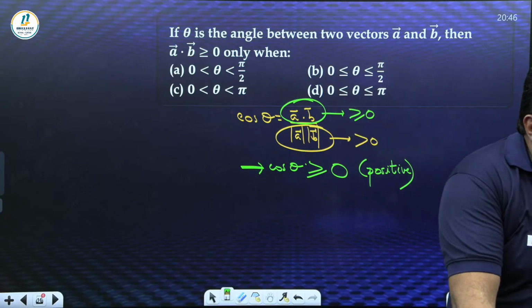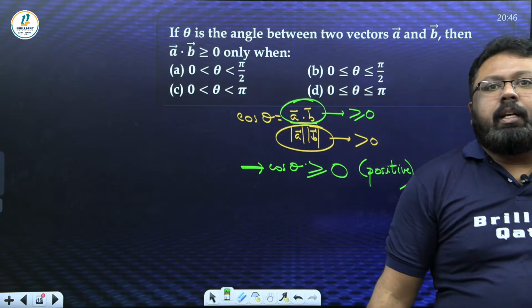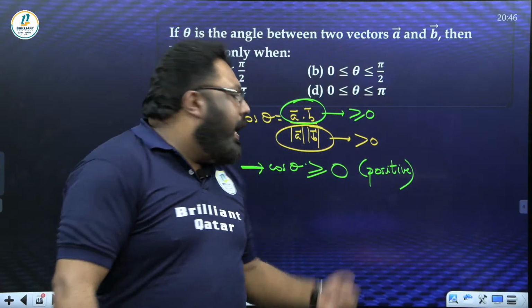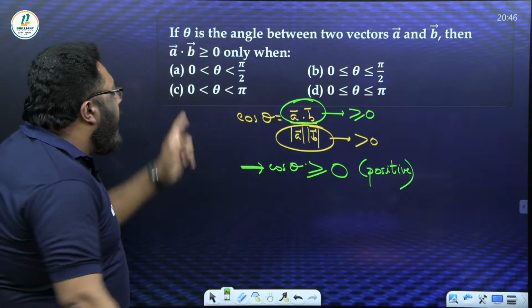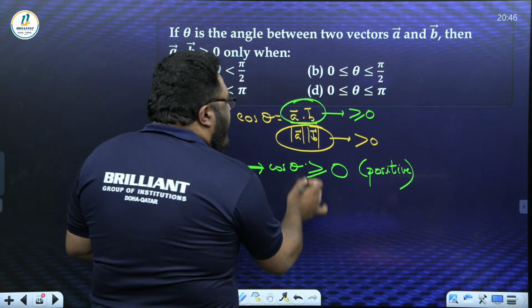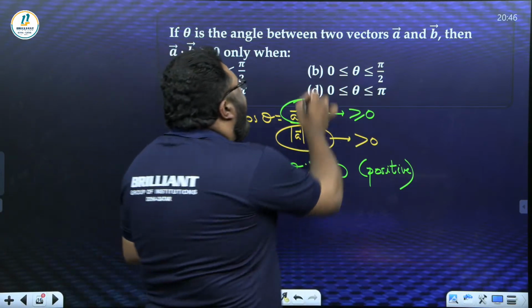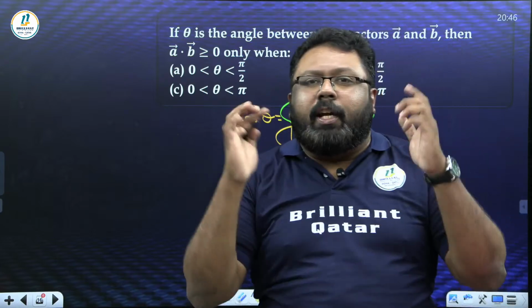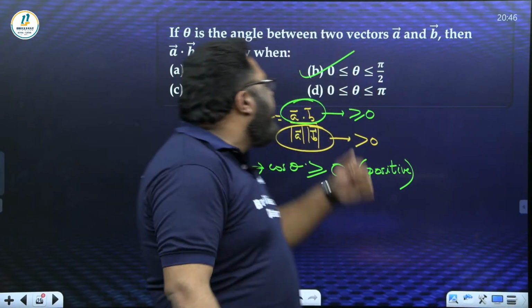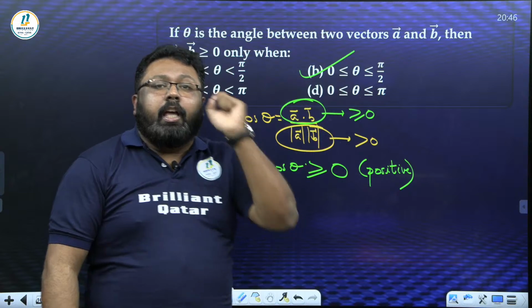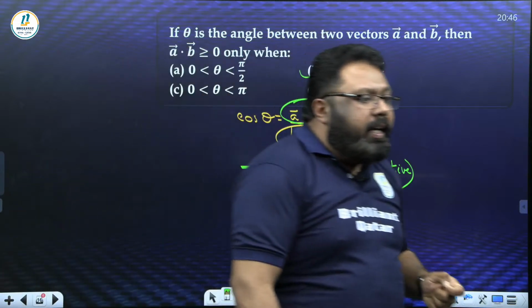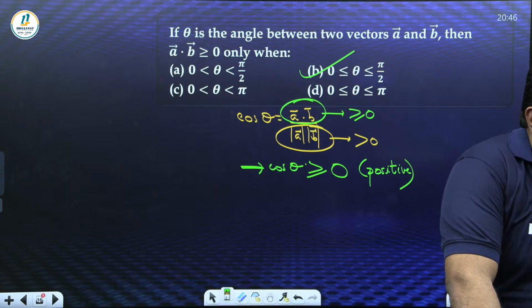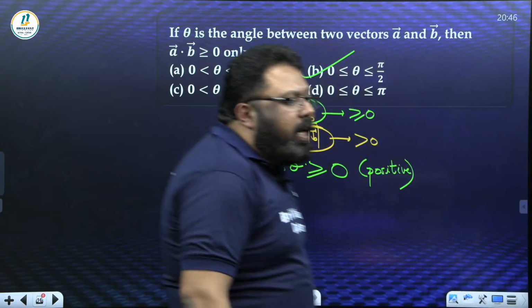We definitely know that cos theta is positive only in the first quadrant, but because it is greater than or equal to 0, pi by 2 is also included. So it is the first quadrant, 0 to 90 including 0 and 90. Right answer coming. Yes, Adrija, very good. Keep it up.